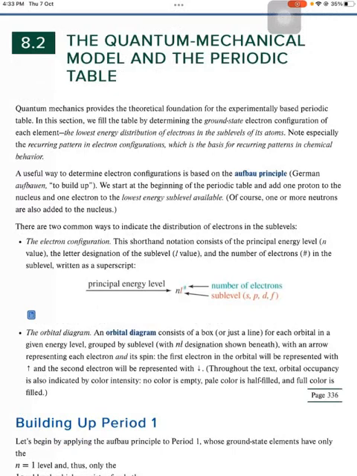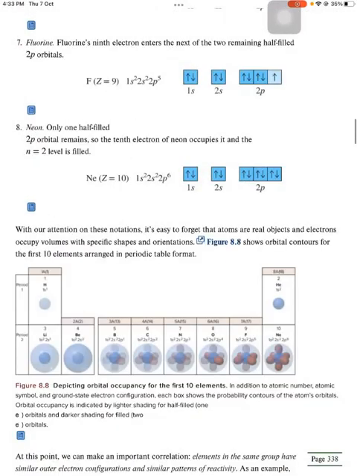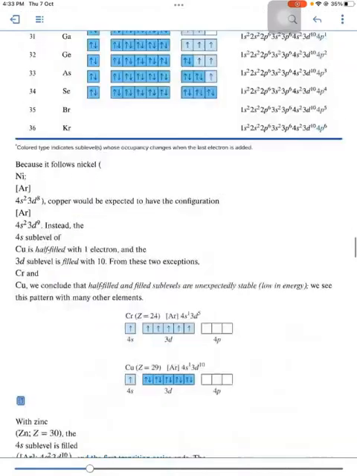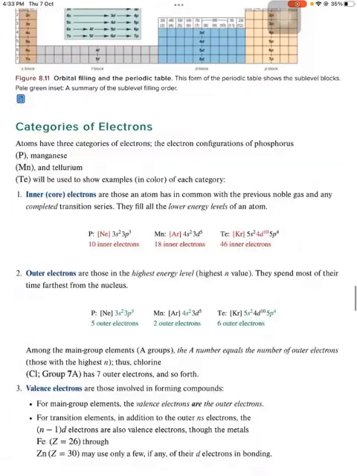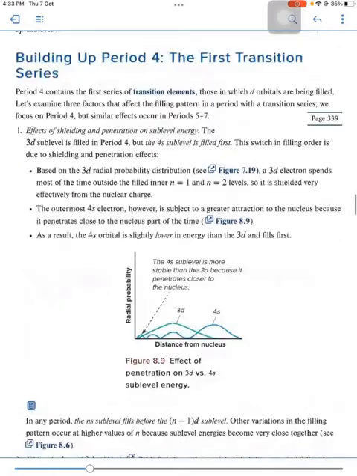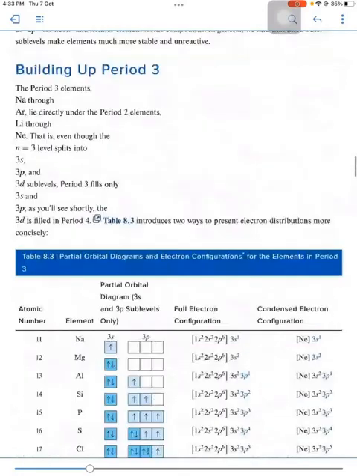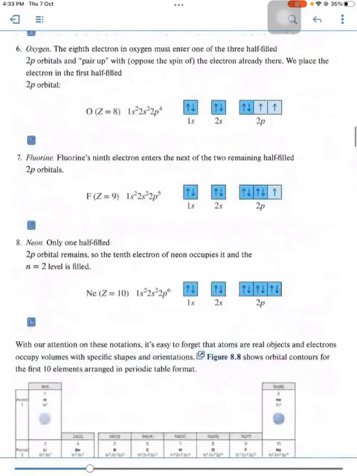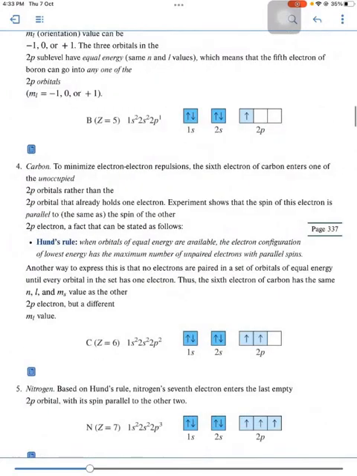I scroll down ke bawah. Ni dah sampai sini. Mana susah betul nak cari definition. Ini. Page 337. So on page 337, read carefully.